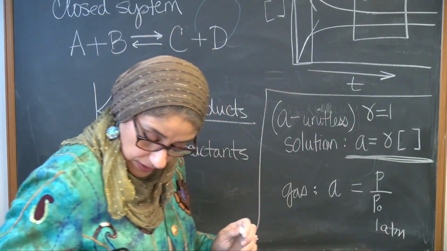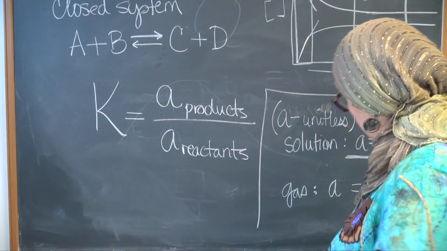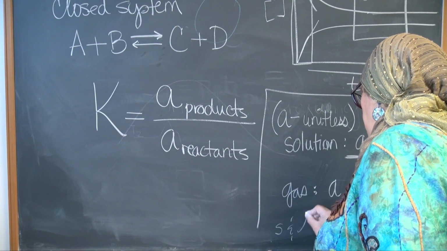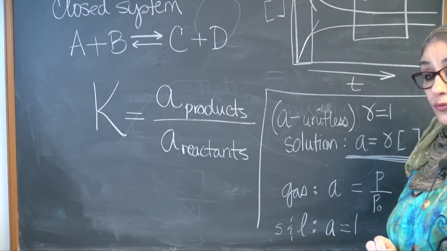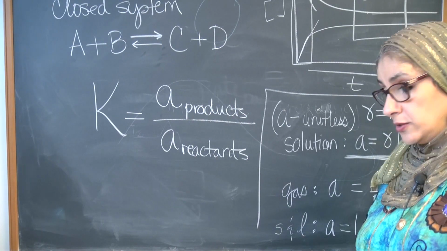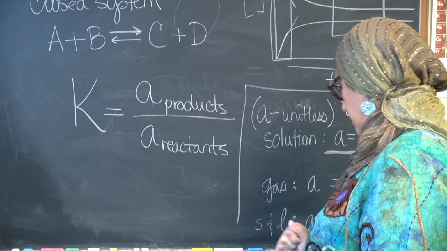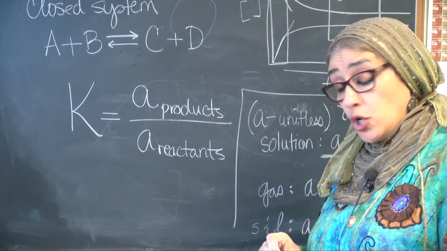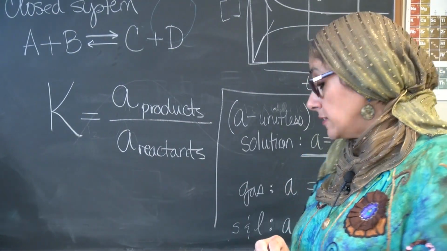Now, the last possibilities: we talked about solutions, we talked about gases, we didn't yet say anything about solids and liquids. For something in the solid or liquid state, the activity is simply 1. Okay? And so when we are writing the equilibrium constant expression, we will write it either in terms of concentration, or we can write it in terms of partial pressure if everything is a gas.